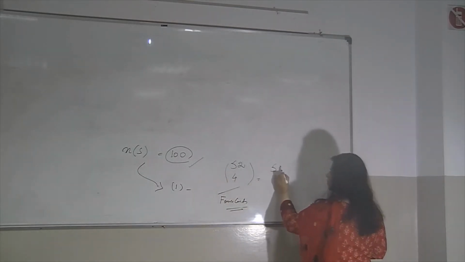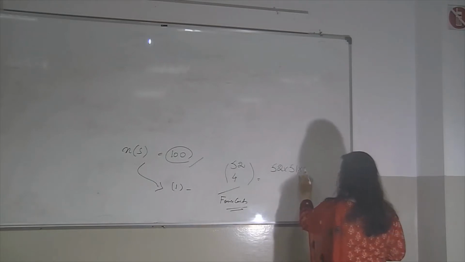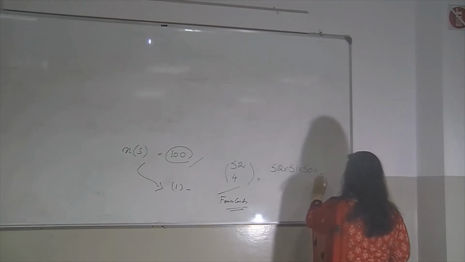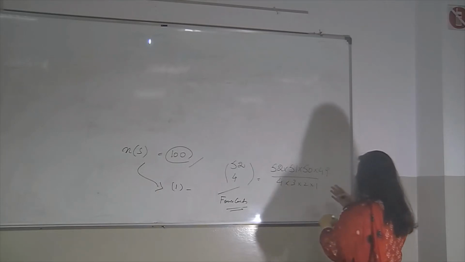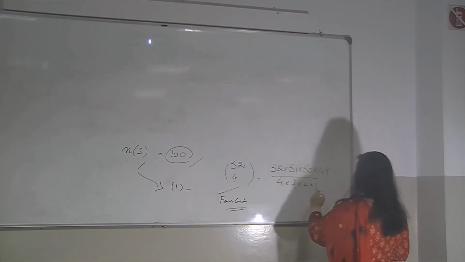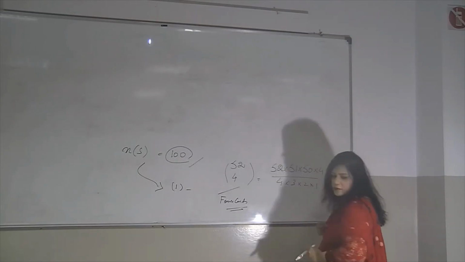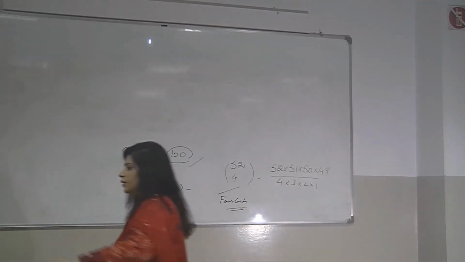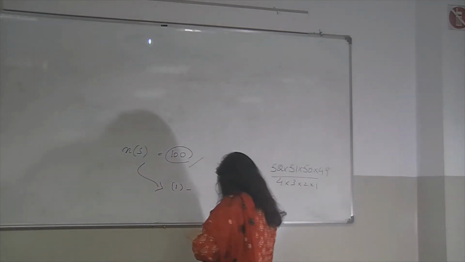Over here, the sample space could be 52 into 51 into 50 into 49, divided by 4, 3, 2, and 1. To simplify this entire thing, I would have a calculator with me and simply multiply them together.